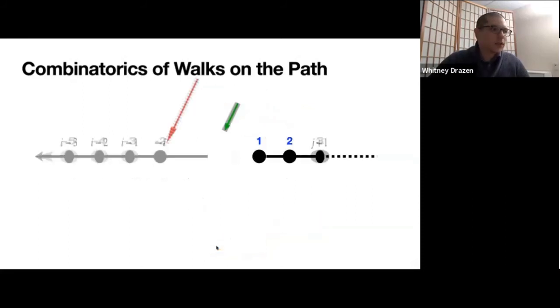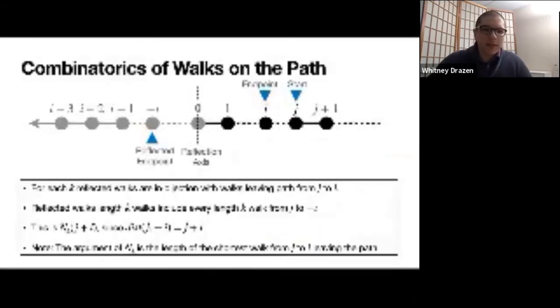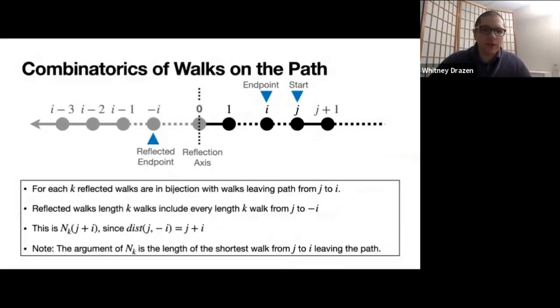Okay, we're going to use the same general principle to count these walks. So for each k, the reflected walks, that is the walks from j to negative i, are in bijection with the walks leaving the path that go from j to i.